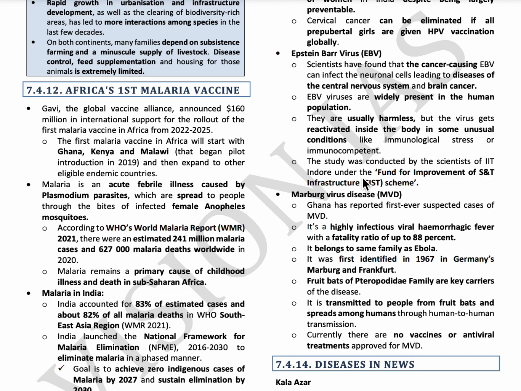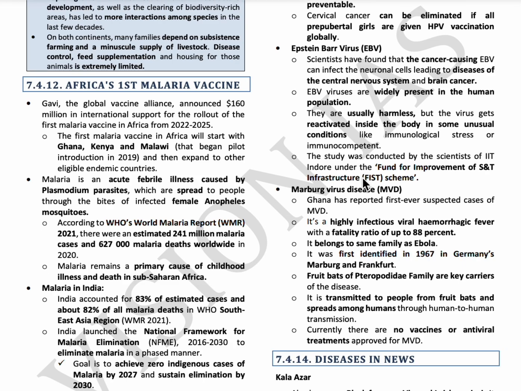In India, 83% of estimated cases are reported and 82% of malaria deaths have occurred in the entire Southeast Asia region. In Africa, the first malaria vaccination was introduced and it will spread to all the eligible endemic countries.